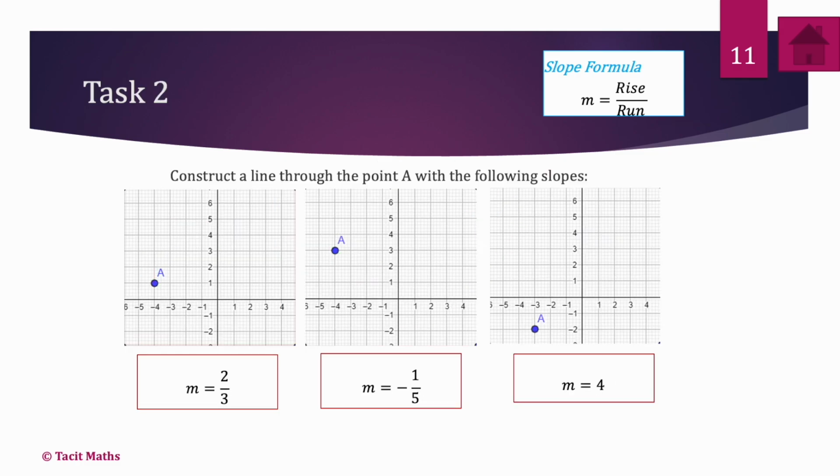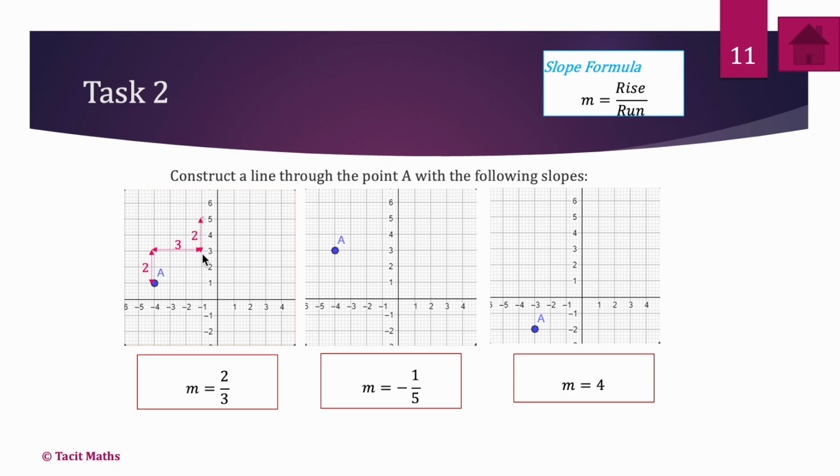And then the other way around, if you're given the slope and you're given a point, how do you actually draw the line, right? Well, the slope formula is rise over the run. So if the slope in this case is 2 over 3, that means it rises 2 and it runs 3, so up 2 and across 3. So your next point is going to be here, right?